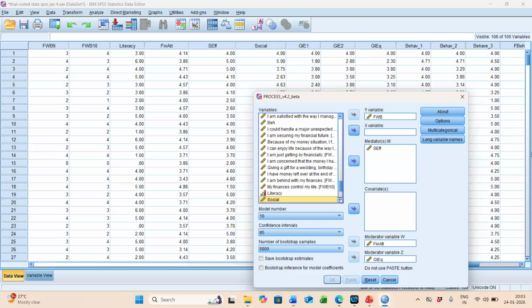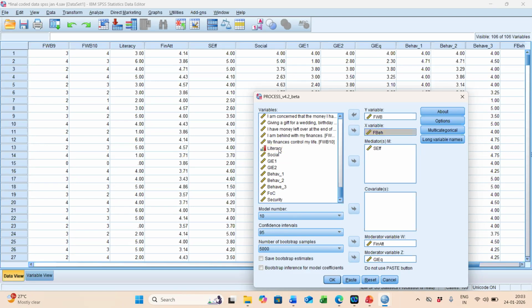Behavior is the independent variable. Then mediator self-efficacy. Along with self-efficacy, we have literacy. Again, it is shown here as... no, it will not work.